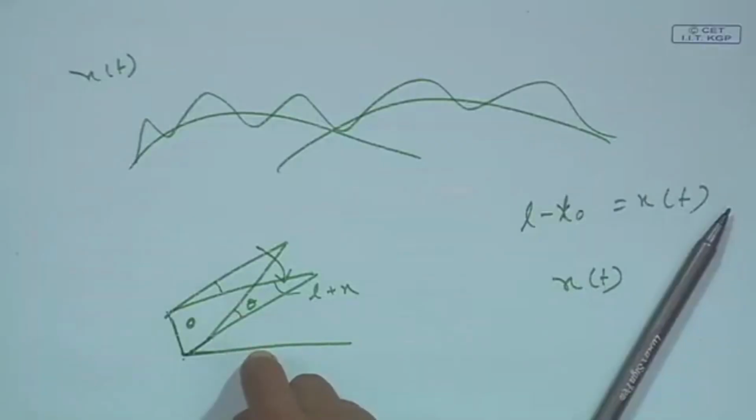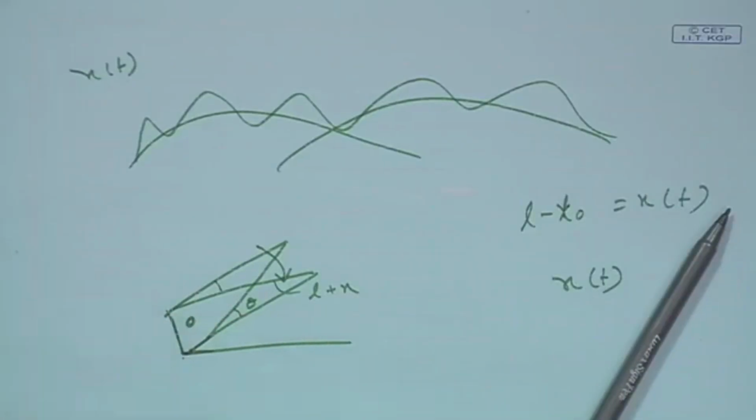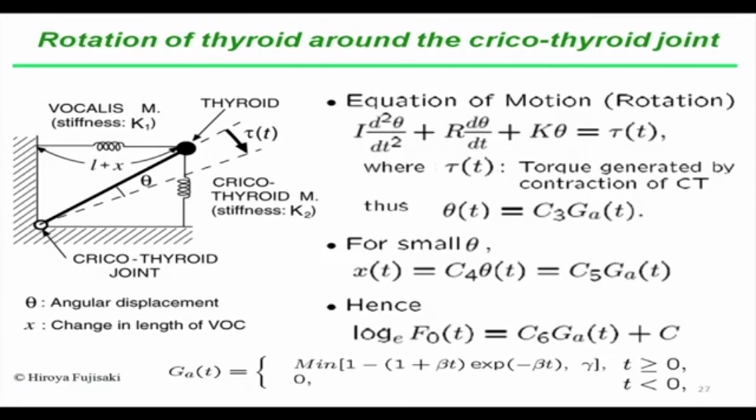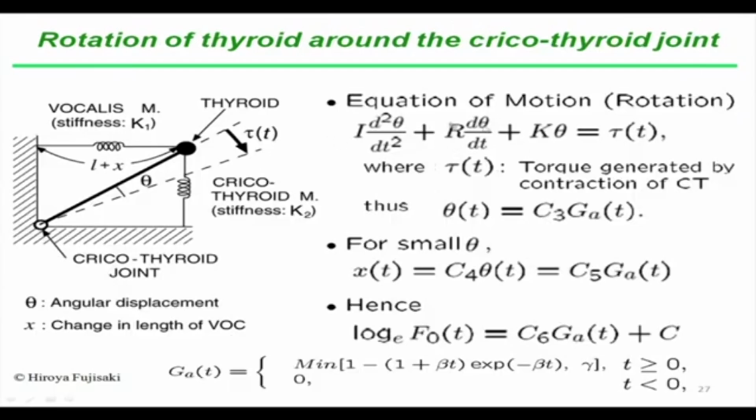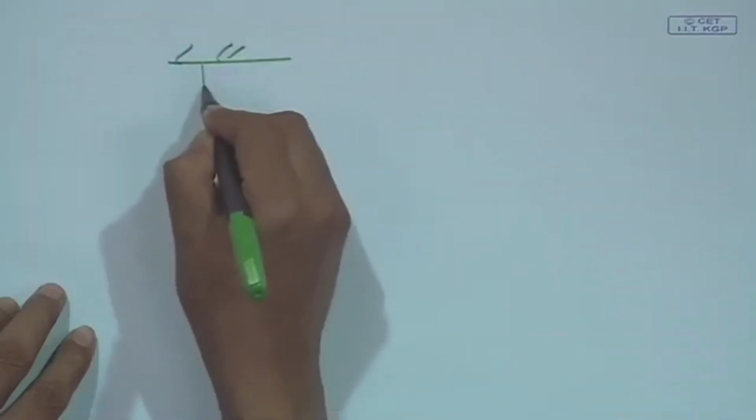One is rotation, another is translation. Okay. And this rotation and translation are nothing but a spring-mass movement. If it is a spring-mass movement, then it is a second order differential equation. If you remember the spring-mass movement of a body, mechanical vibration.